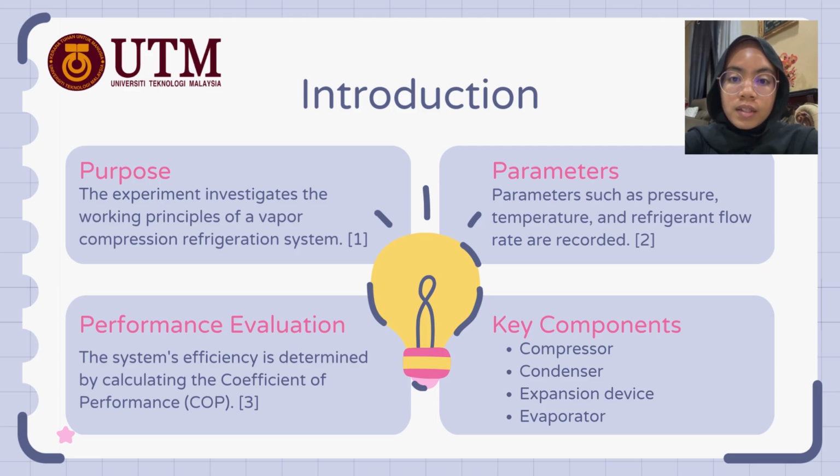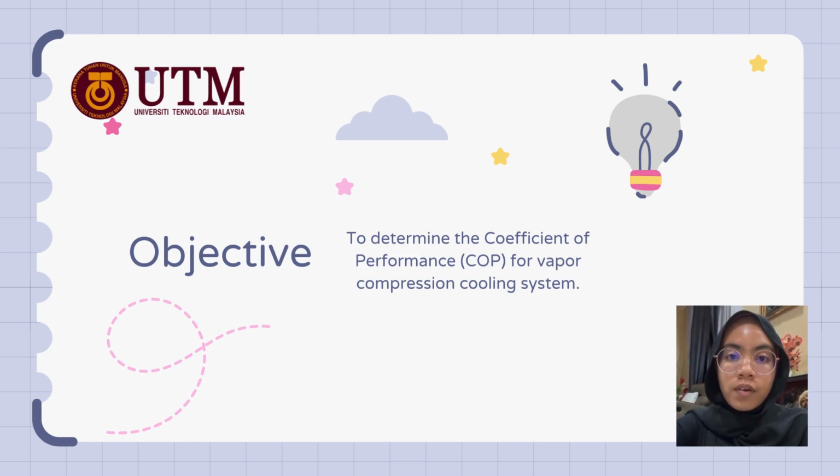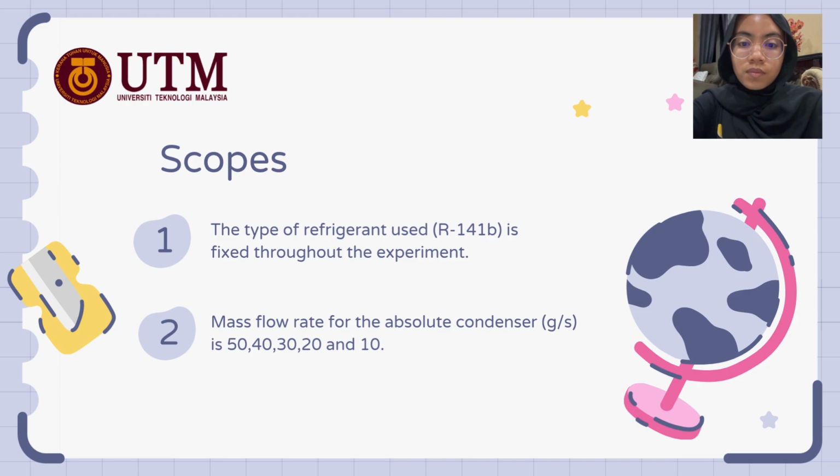And in this experiment, we have a compressor, condenser, expansion device, and also an evaporator. So, the objective of this experiment is to determine the coefficient of performance for a vapor compression cooling system. There are two scopes for this experiment.